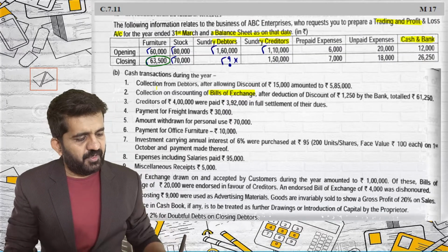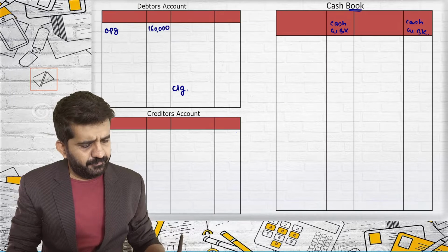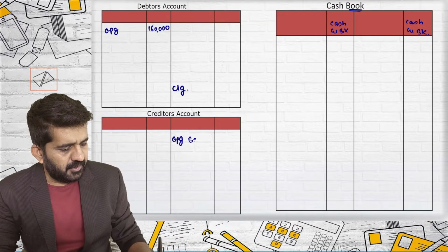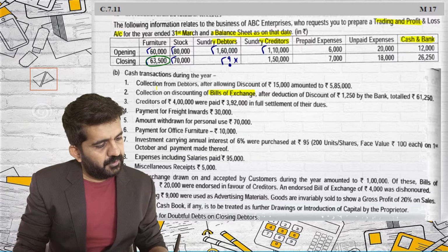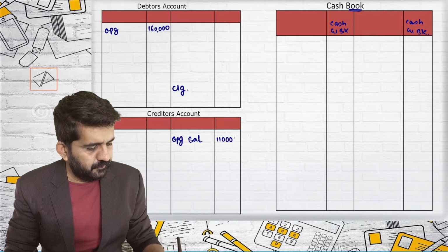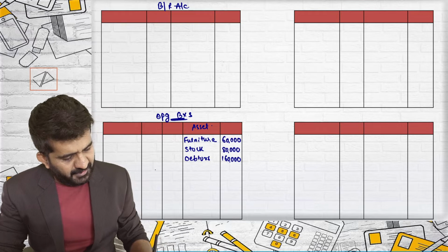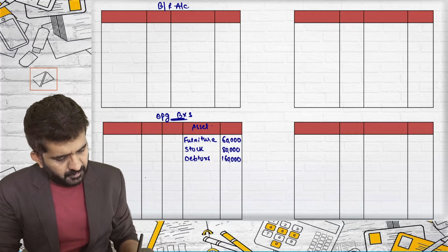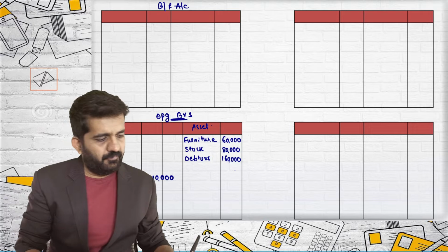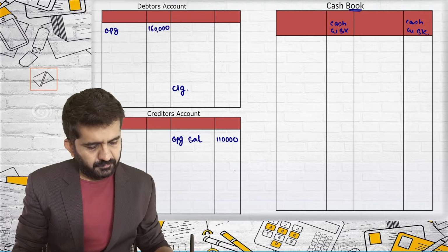Opening creditors 1,10,000, normal effect. Opening creditors will come in creditors account. The figure is 1,10,000. It will come in opening balance sheet, creditors 1,10,000.